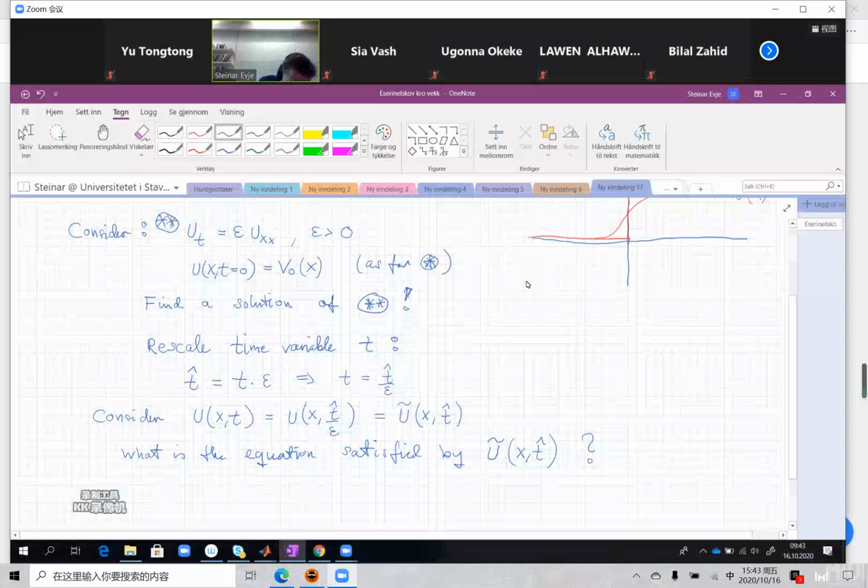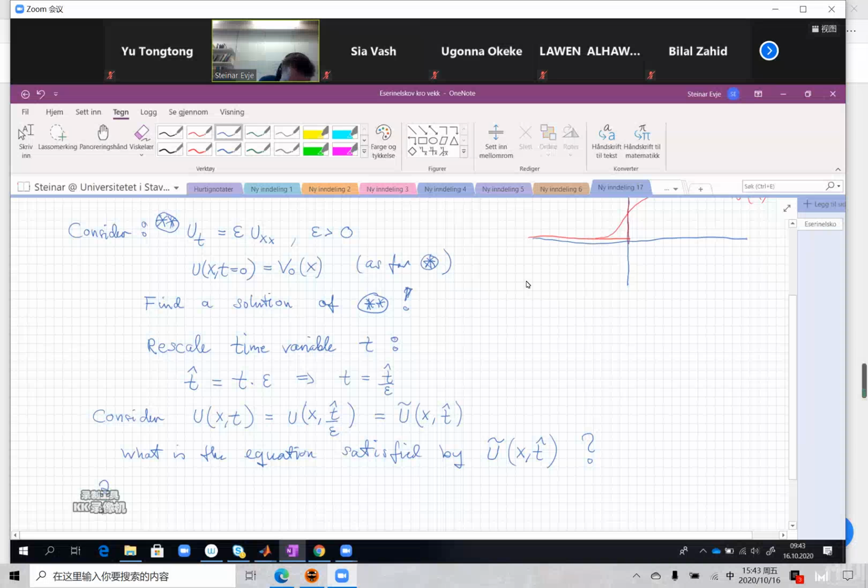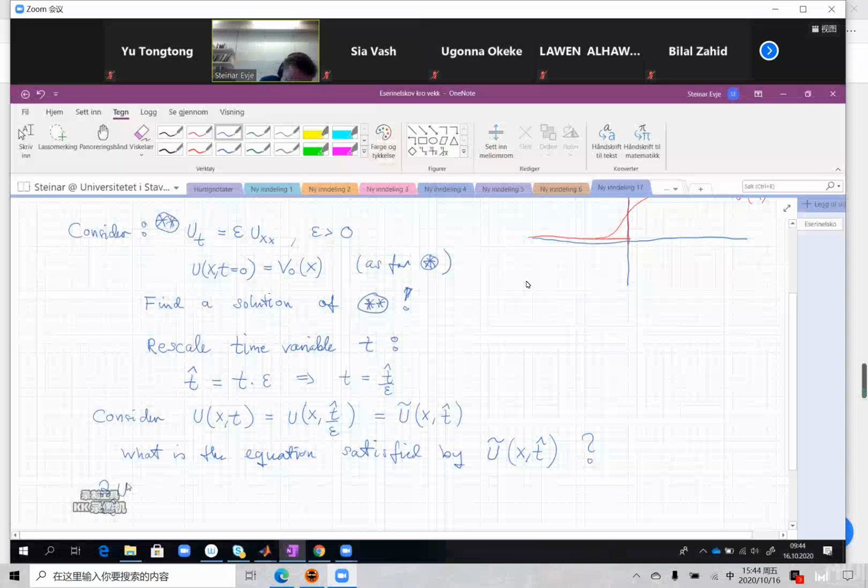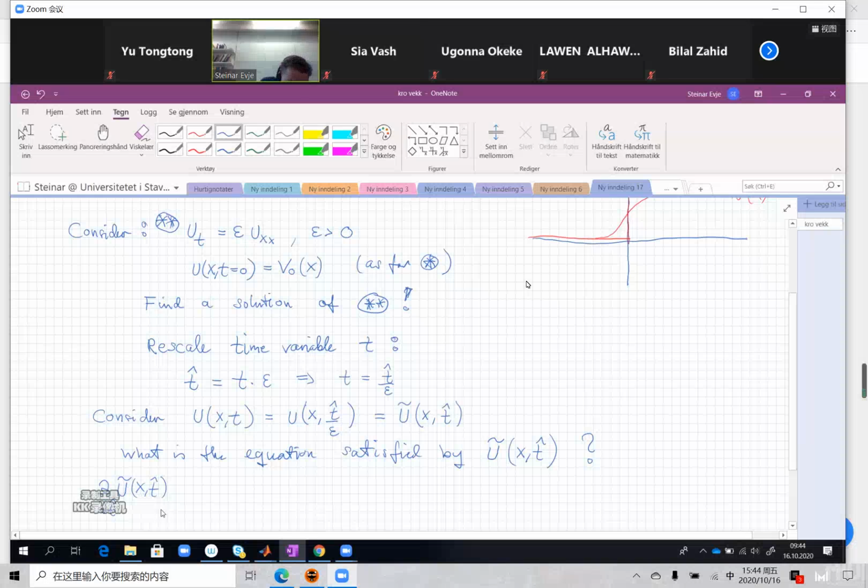So that is the same as we are interested in the time derivative of u tilde, where the time now is t hat.